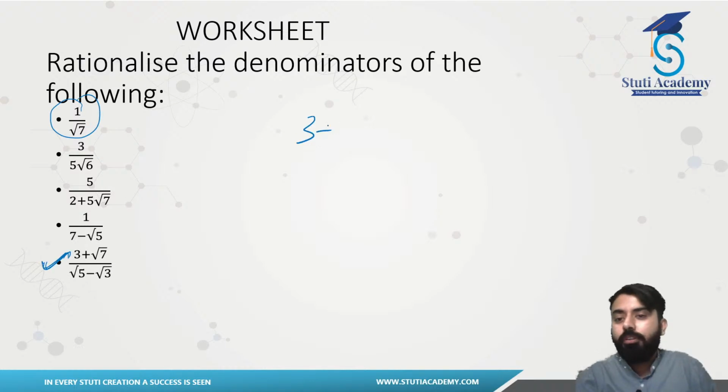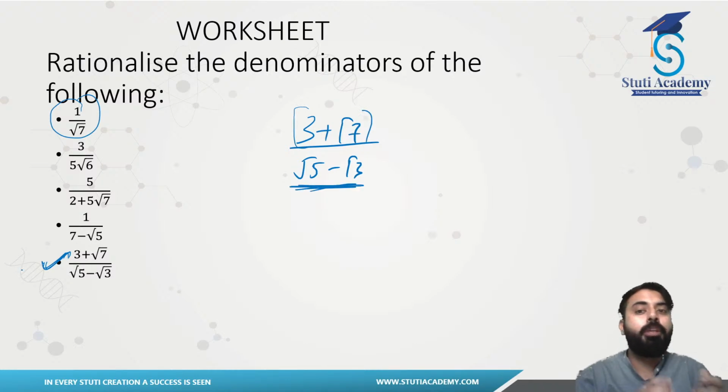We have what? (3 plus root 7) over (root 5 minus root 3). Now you guys see, we won't be touching this numerator, although we will be doing something with this denominator, because we have to rationalize only denominators. But there is no limitation that you cannot rationalize numerator also. You can similarly rationalize numerator also, but there is no point of rationalizing that. So we always rationalize denominators.